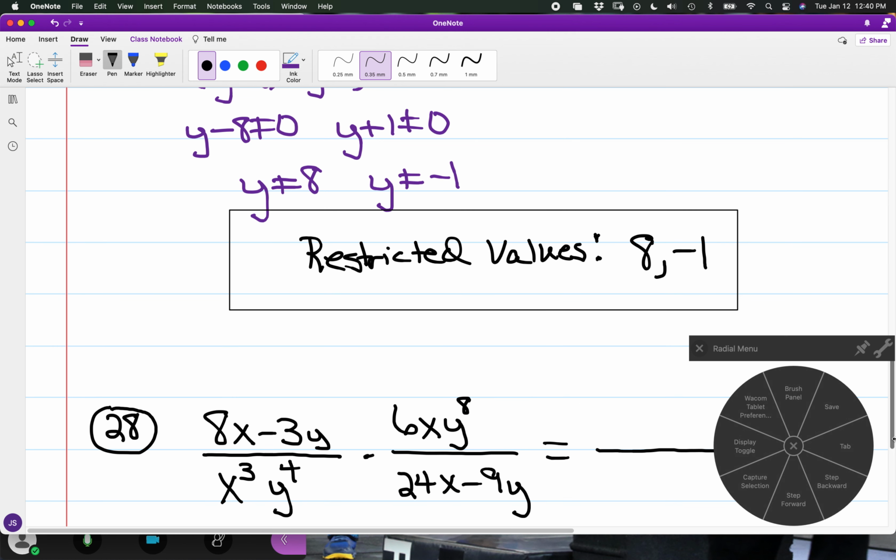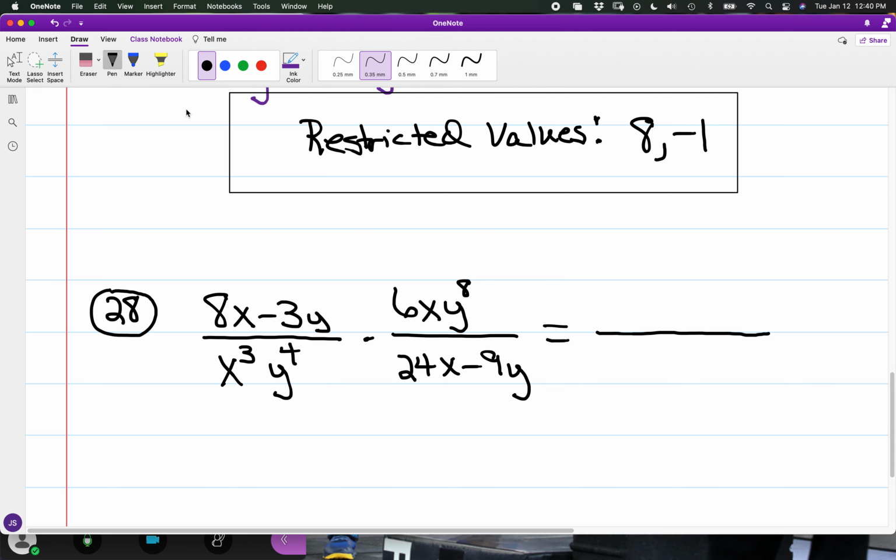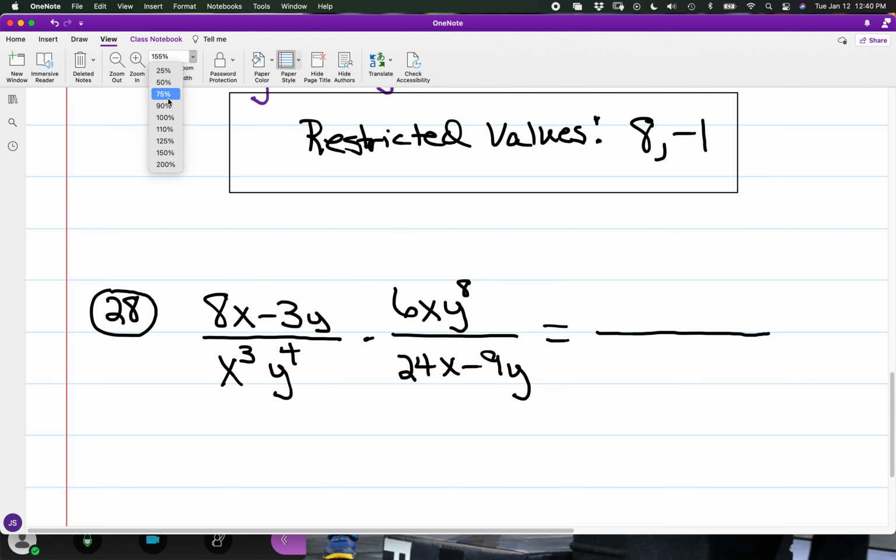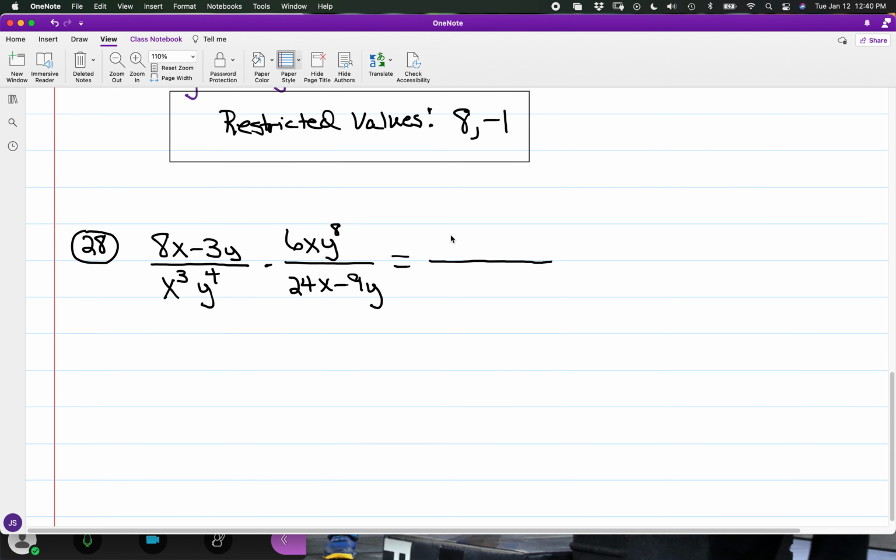So in the layout, we have 8x minus 3y over x cubed y to the 4th, times 6xy to the 8th, and for 24x minus 9y, we have 3 times the quantity 8x minus 3y.